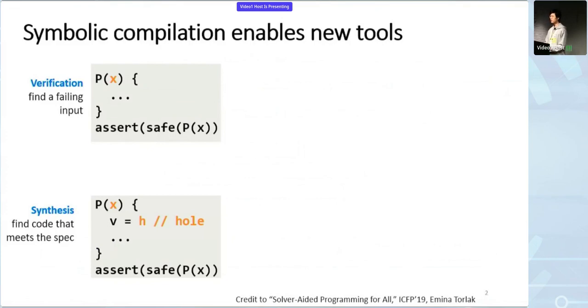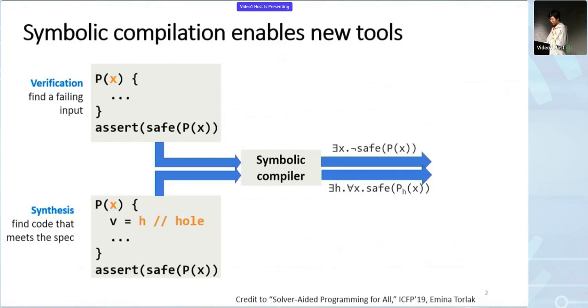Symbolic compilation is a useful technique for building program reasoning tools, such as verification and synthesis. It is a process that transforms a given program into its logical encoding and delegates the reasoning to off-the-shelf SMT solvers. In this task, we have the corresponding assertions for the programs, and the solver searches for the desired programs or inputs.